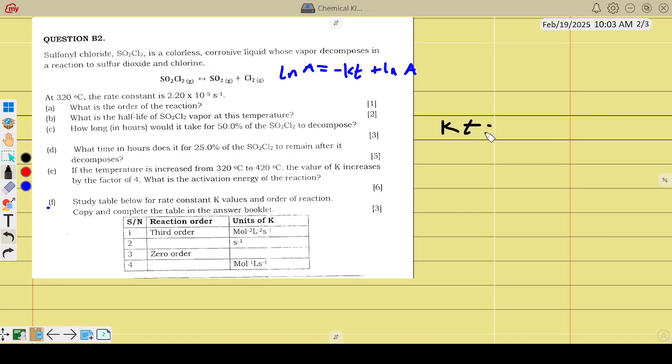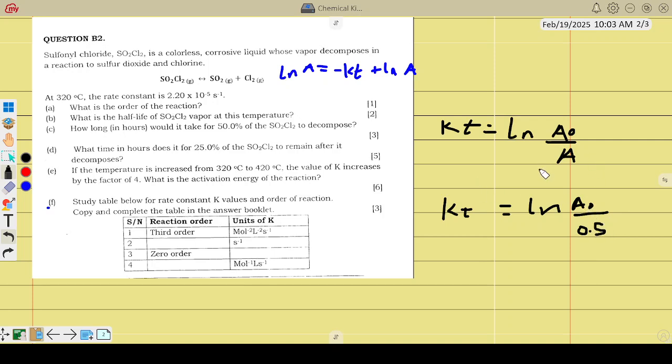So kt comes this side, and then we're going to have ln A over, when this one goes there, this is A naught over A, and then we're going to have kt is equal to ln A naught over 0.5. I'm now feeling uncomfortable.